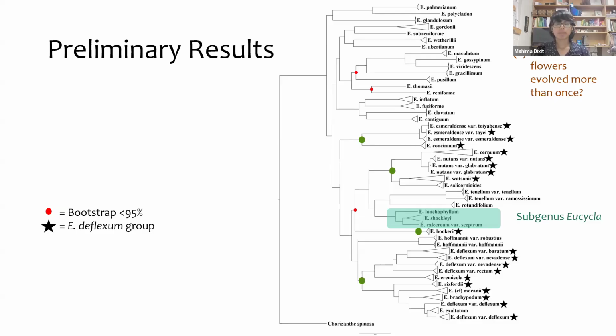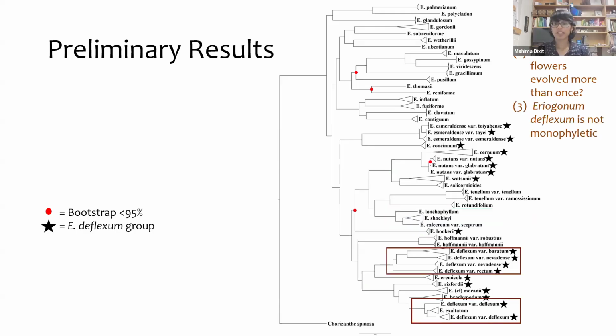One is that upside down flowers evolved once, and there were some cases of reversals where the flowers went right side up again, or deflexed flowers evolved four times. Either would be really interesting to see, and I'm hoping to do an analysis to try to find out their evolutionary history.